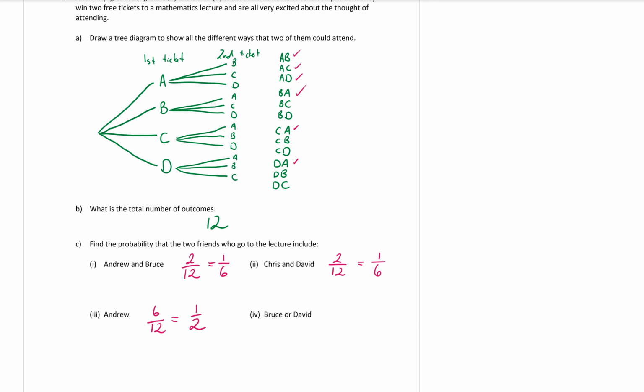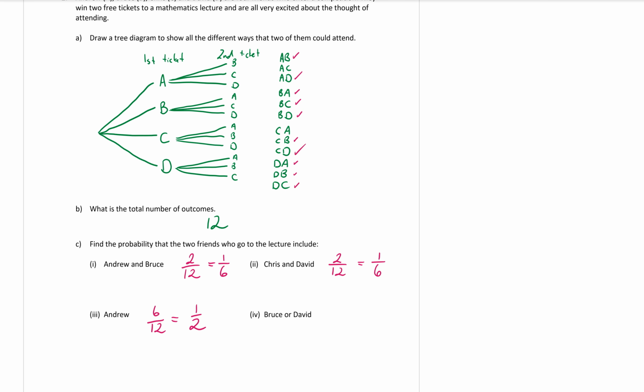And the part 4 says, what is the probability that Bruce or David gets to go? So we want to tick any one of those that has a B or a D. So that one has a B, that one has a D. Those ones all have Bs. That one has B and D. B, D, and all Ds down there.